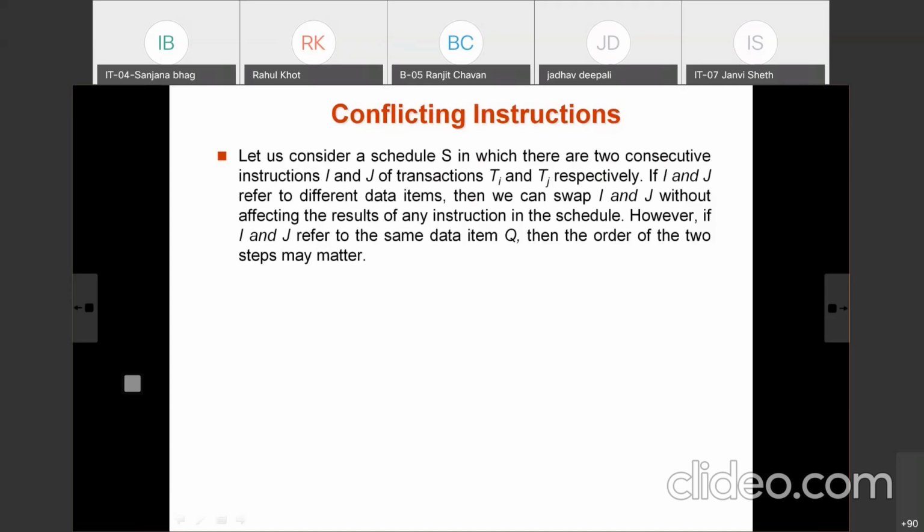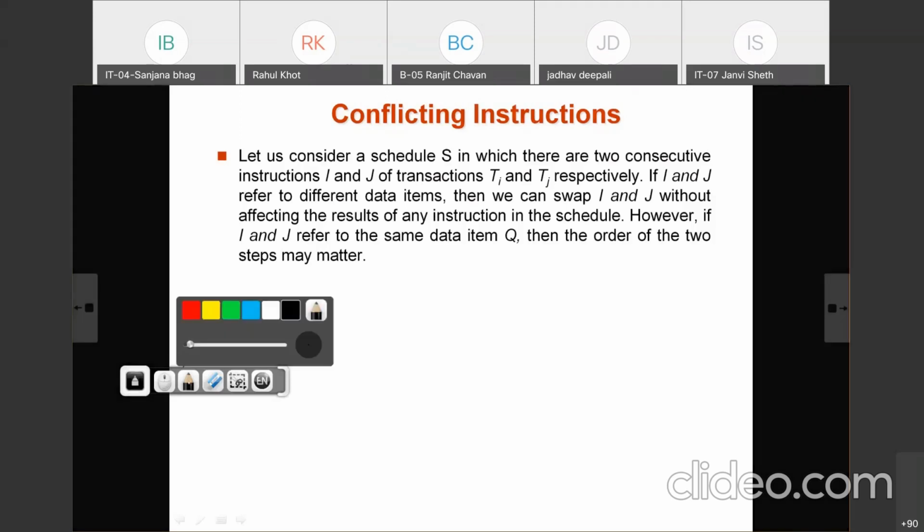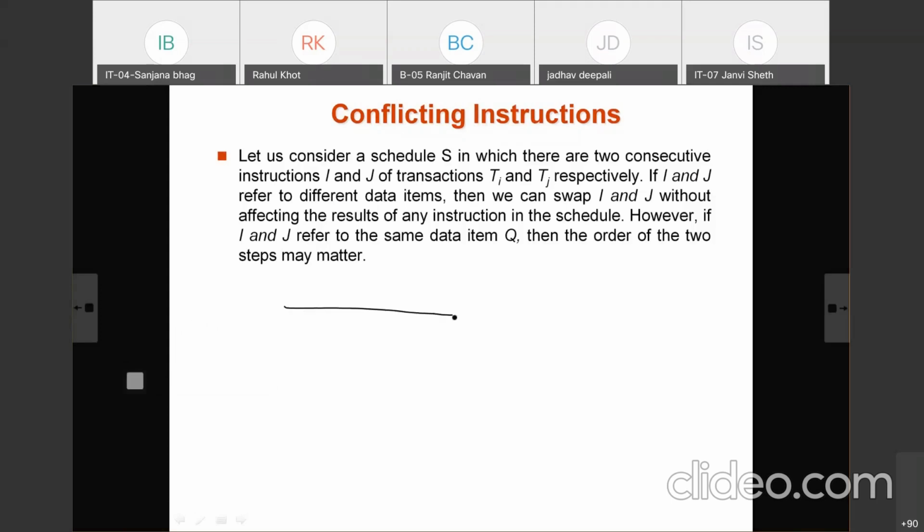So we consider a schedule with two consecutive instructions I and J, such that instruction I belongs to transaction Ti while instruction J belongs to transaction Tj.